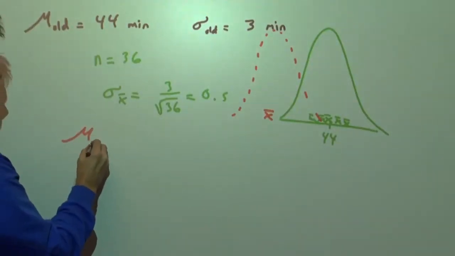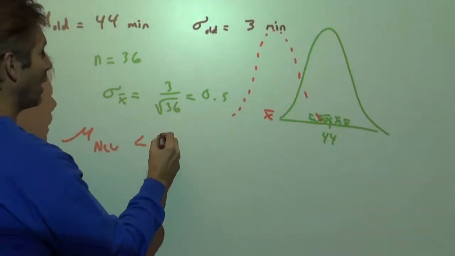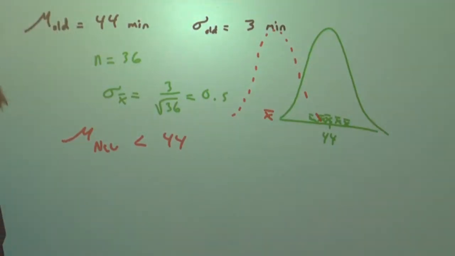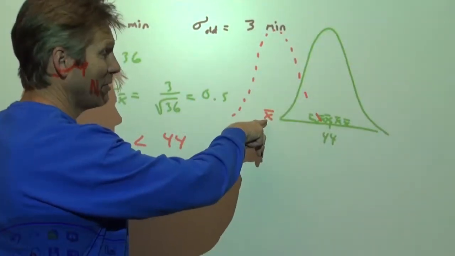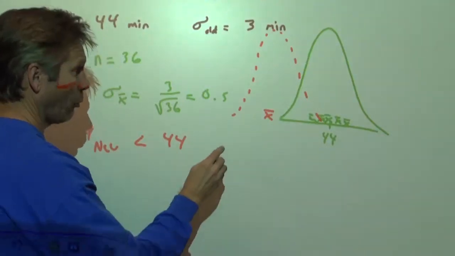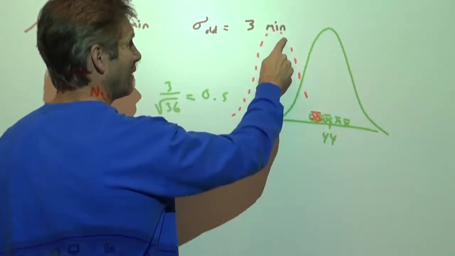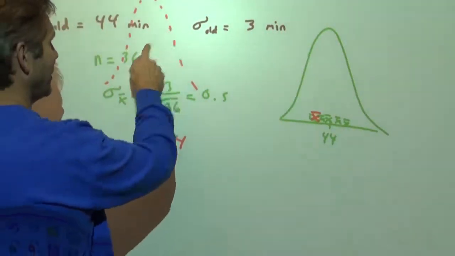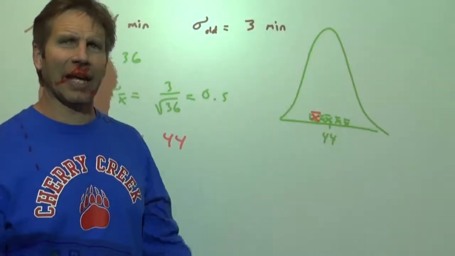So somebody's claim that the new system would give us a mean time of less than 44 minutes would be substantiated if the one mean we took does not behave like the typical means we saw before. However, if the one mean we took gave us a result back over in here, on the other hand, we would say that that's not behaving like anything out of the ordinary.